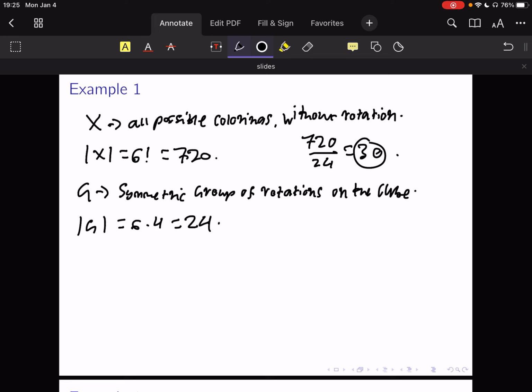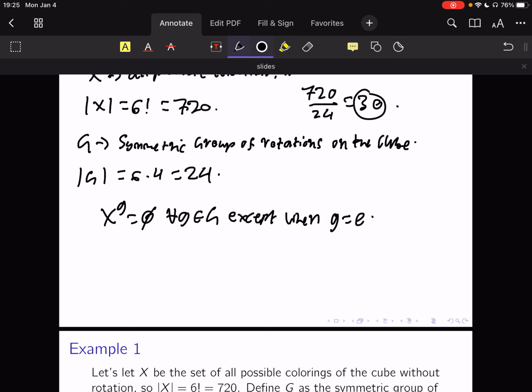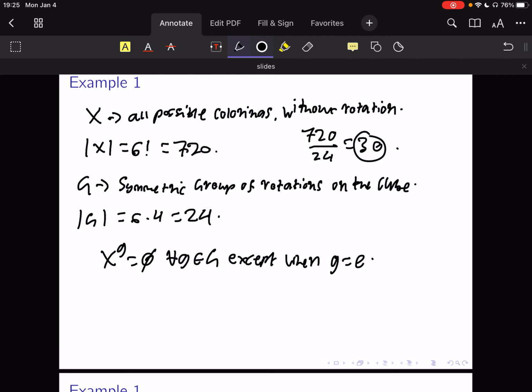In a more formal way, we have that X^g is the empty set for all g in G except when g equals e, the identity. So all we have to consider are the fixed points under the identity transformation and nothing else. This should just be X, as all the elements are fixed under the identity by the definition of the identity.